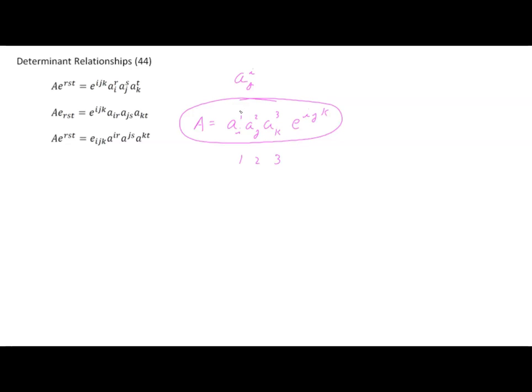We then discovered that the upper indexes are skew symmetric, and we capture that relationship by including this factor right here. So the interesting thing about our relationship here is that both the indexes ijk and rst exhibit skew symmetry. And in order to accommodate that, we include this factor here for these indexes and this factor to accommodate these factors.